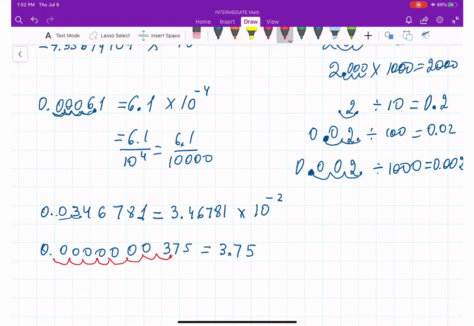So which means it is going to be 10 to power negative 8 because we are dividing practically. 3.75 times 10 to power negative 8.